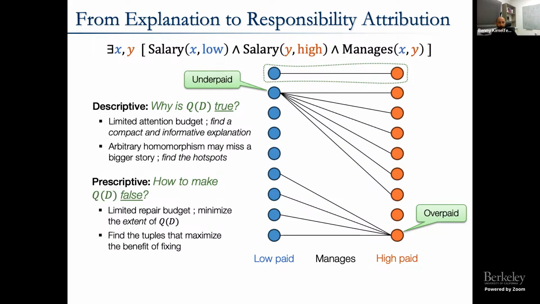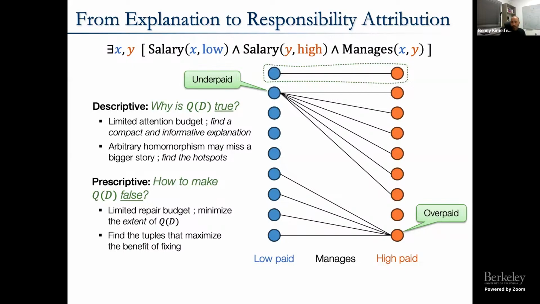We can also look at it from the prescriptive viewpoint. Suppose that this is an issue, like this is something that shouldn't happen maybe in reality, or maybe this shows some problems with the data. So we would like to fix it, repair it. And now we have a limited repair budget.